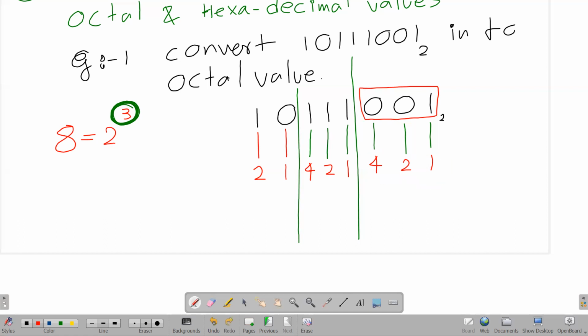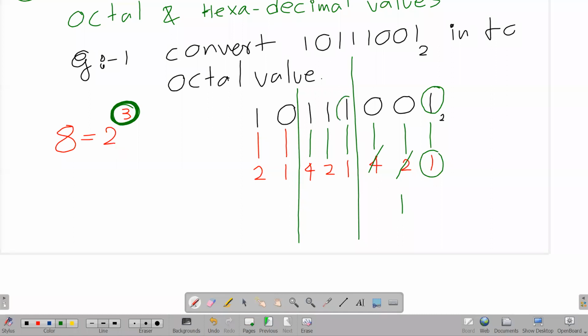So what we can do is consider the values which have a 1 above them. We disregard the zeros. So this particular small group gives you the total 1.